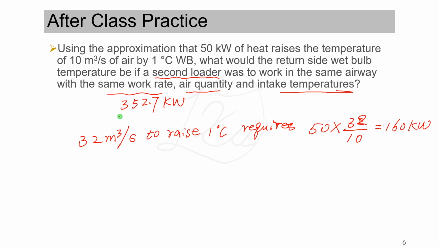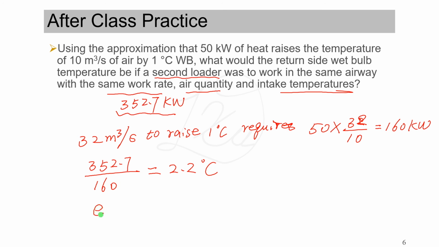One extra loader will emit an additional 352.7 kilowatt of heat. Therefore, it can increase the wet bulb temperature by 352.7 divided by 160, which equals 2.2 degrees.